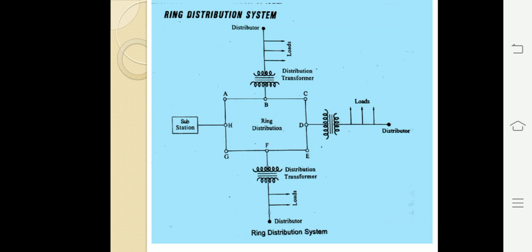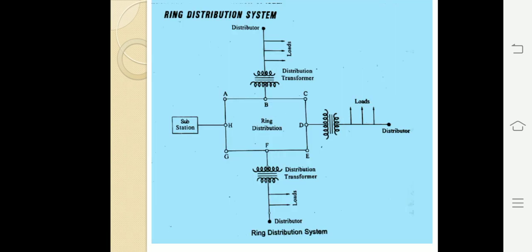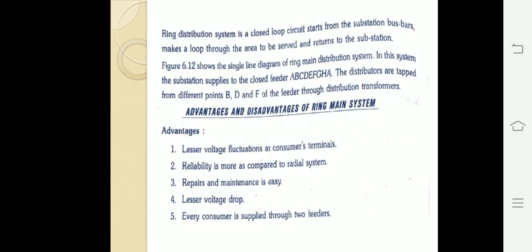Coming to the ring type distribution system. Here the loop type is there. Check out this diagram: A, B, C, D, E, F, G, H, A. It is in a closed path. That's why we call it a ring distribution system. A ring distribution system is a closed loop circuit that starts from the substation bus bars, makes a loop through the area to be served and returns to the substation.